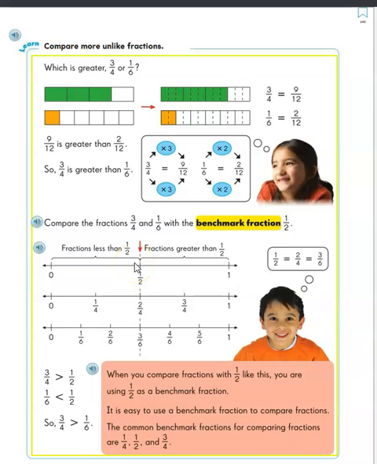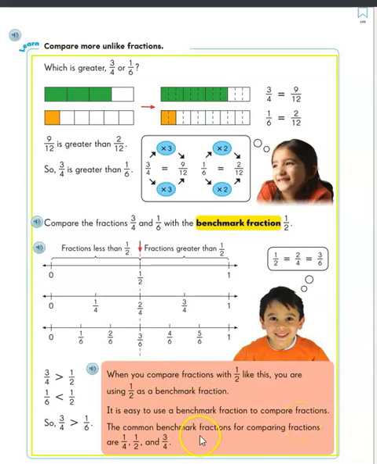One piece out of a total of 2 pieces. So that's why we use 1/2 as a good benchmark fraction. And it also tells us down here, when you compare fractions with 1/2 like this, you are using 1/2 as a benchmark fraction. It's easy to use a benchmark fraction to compare fractions.